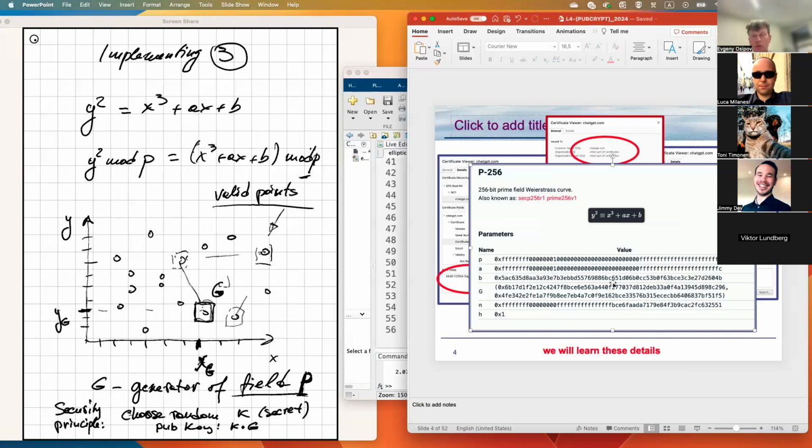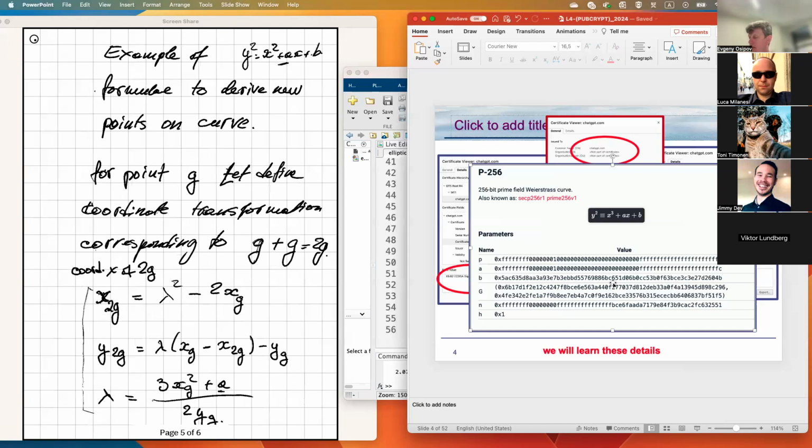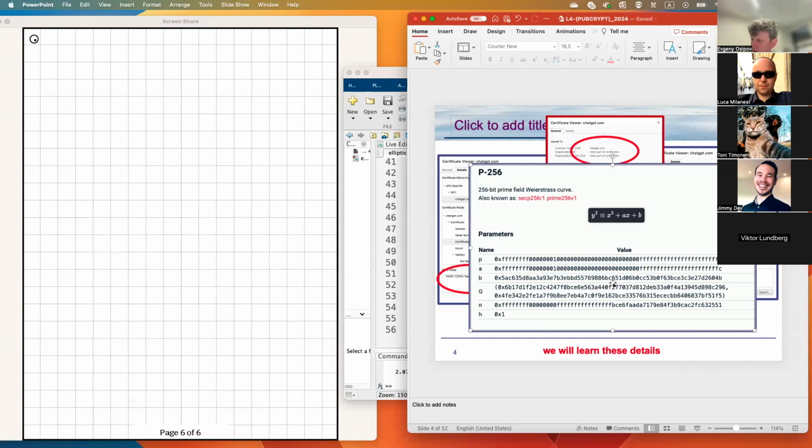So you will do K iterations, adding G to itself. Here I traced the transformation of coordinates when adding G to itself one time, so 2G.